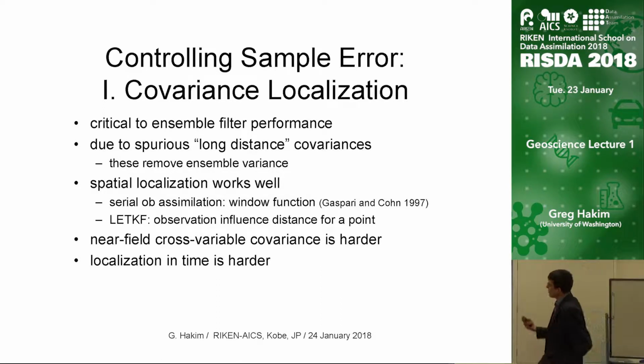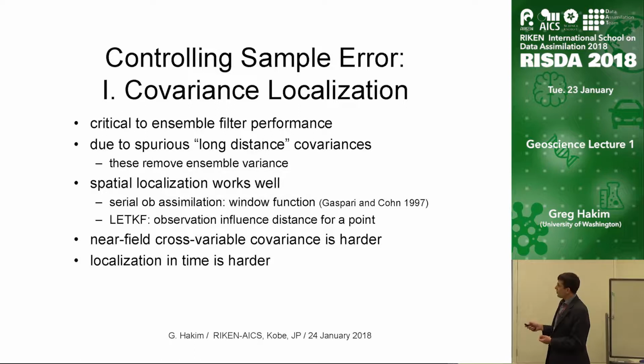And we have essentially two sources of difficulty. One is due to the fact that, at long distances, we have errors in the covariance. So just by random chance with a finite sample, if we try and estimate the covariance between two remote points, we may get a relationship where there is none.